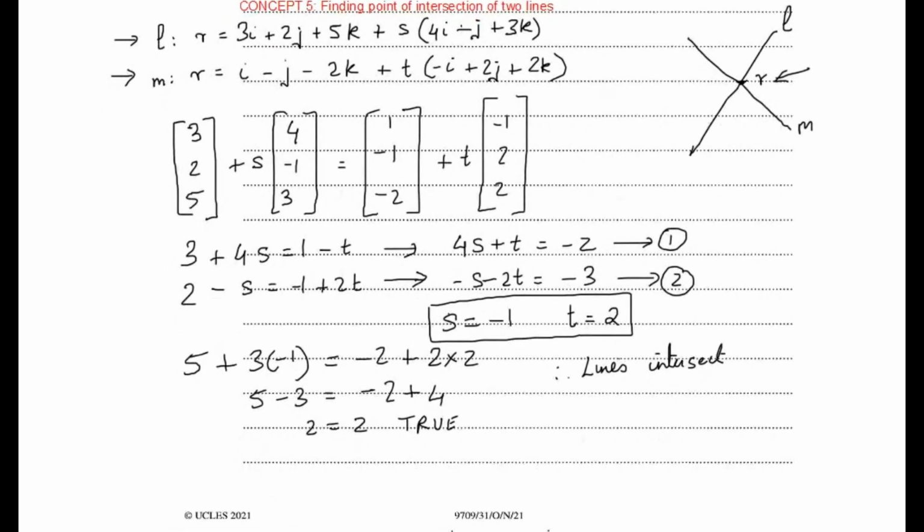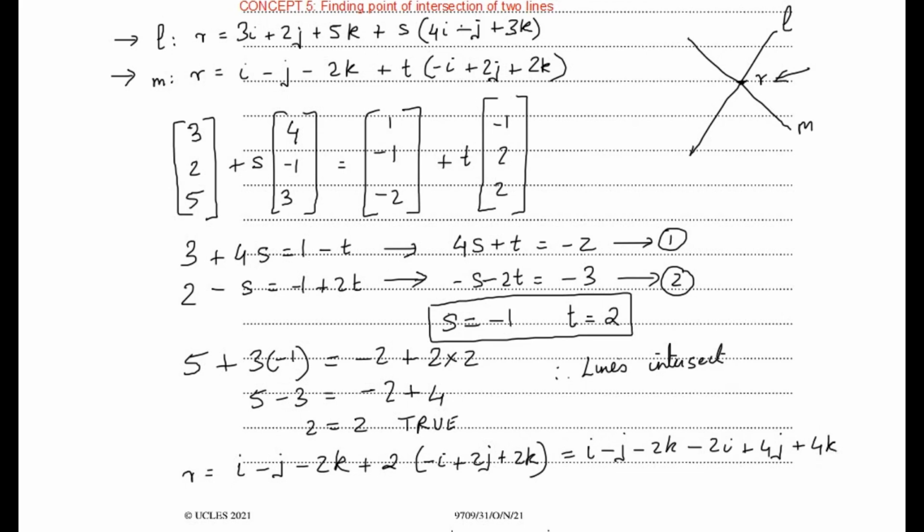I'm going to use the equation of M. So R is equal to i minus j minus 2k plus t, which is 2, times minus i plus 2j plus 2k. And that gives me i minus j minus 2k minus 2i plus 4j plus 4k.